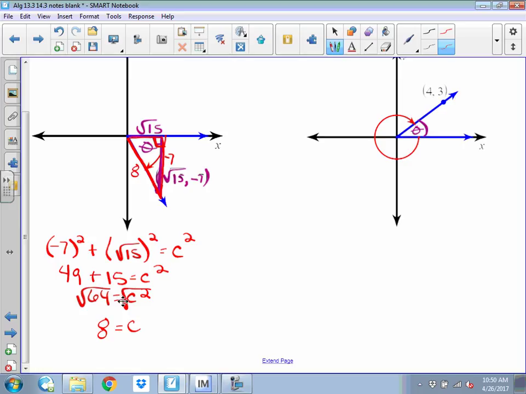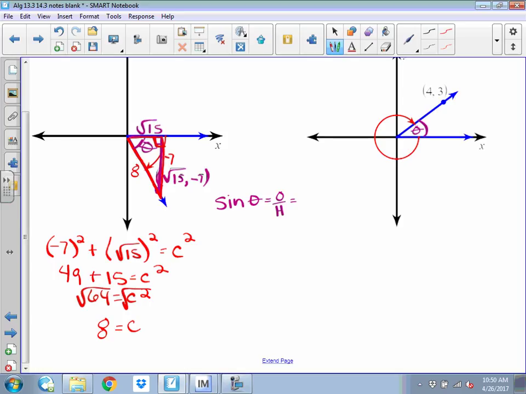So now I can go find sine, cosine, and tangent. Sine is opposite over hypotenuse. In reference to this, this is theta. That's my angle. Your angle that you're talking about is always at the origin. Okay? In reference to this, opposite is what?